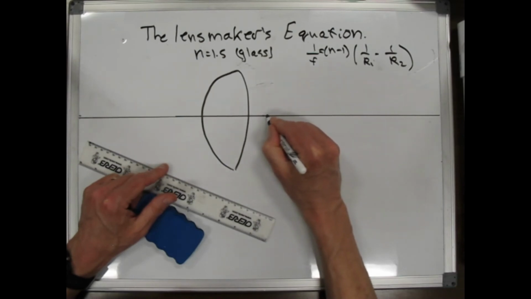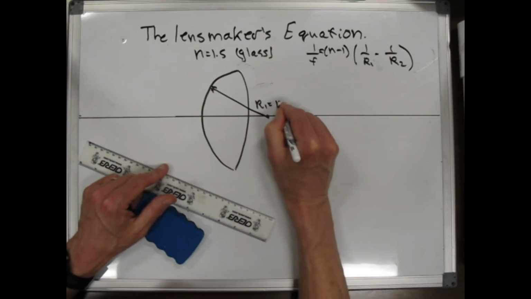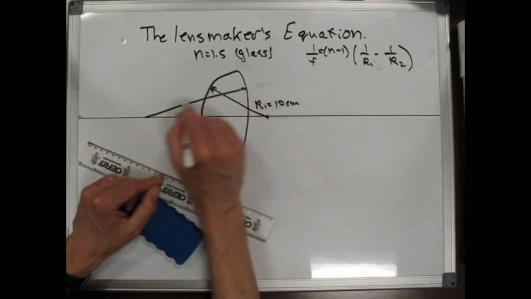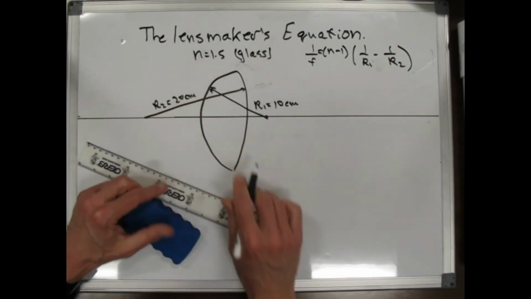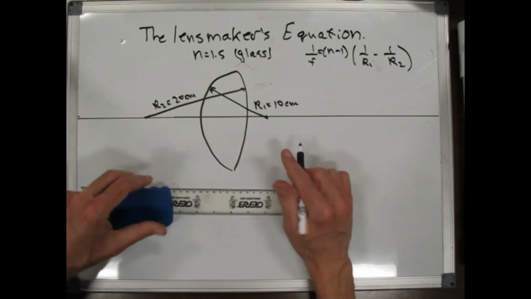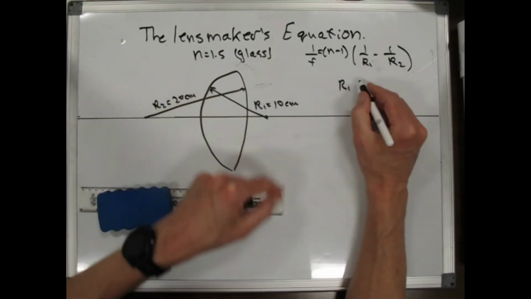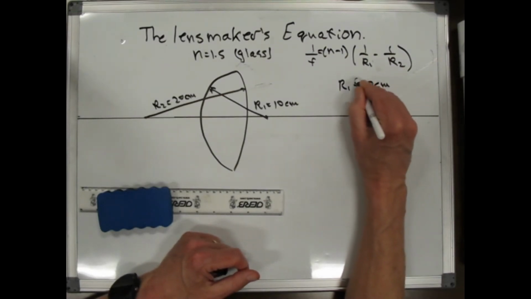And so my R1 is 10 centimeters, and my R2 is 20 centimeters, right? And once again, just like before, for R1 the center of curvature is on the same side as the outgoing ray, and so this is plus 10 centimeters.